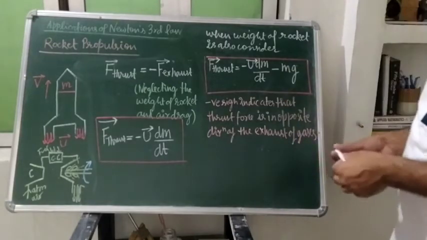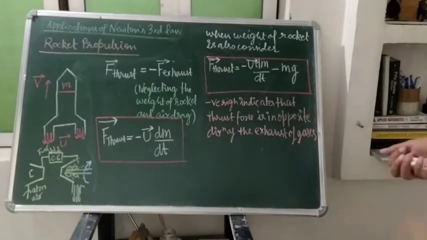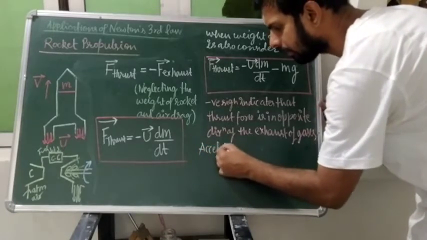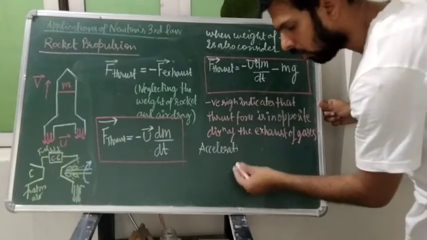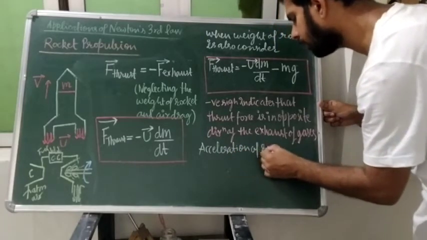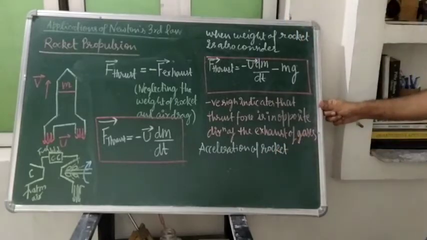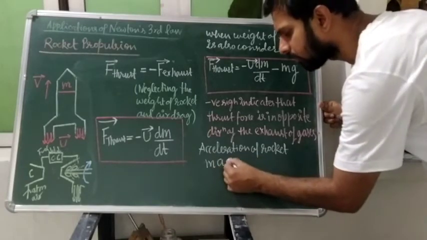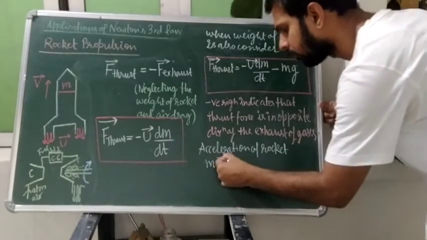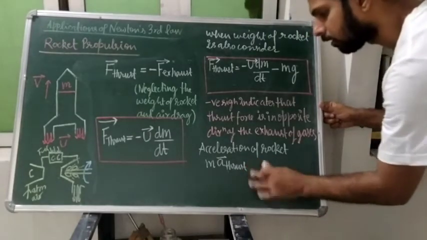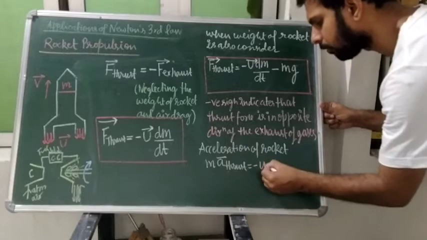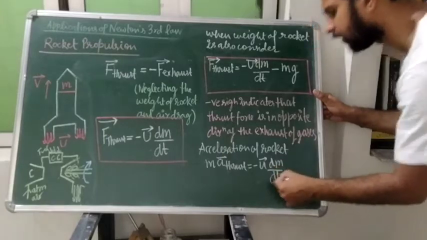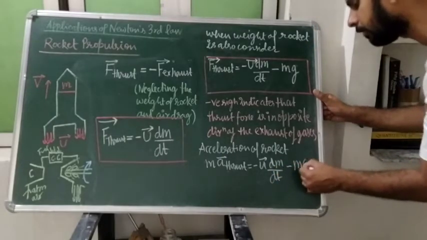And student, now if we are saying the acceleration of rocket, F thrust will be what? Mass times the acceleration of thrust will become equal to this minus u times del m, variation of mass with change in time, minus m times g.